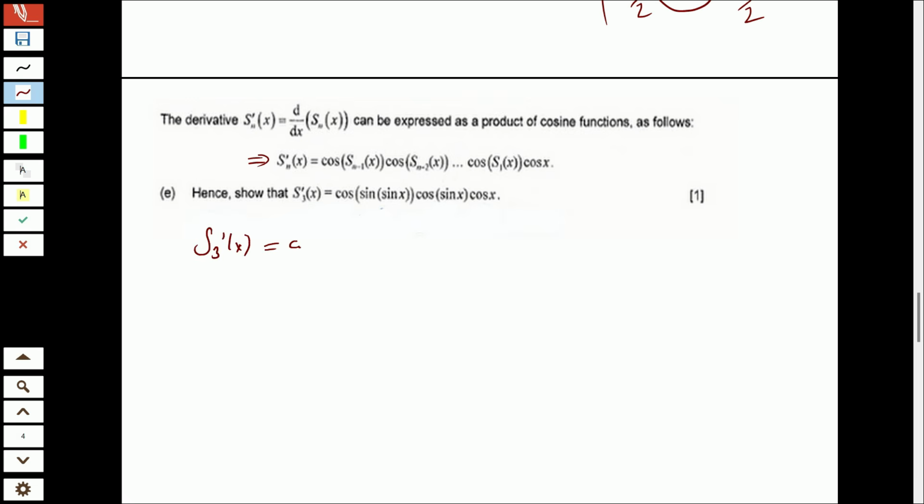In this case, we write cos(S_2(x)) times cos(S_1(x)), and then cos x. I know that S_2 is sin(sin x), and S_1 is just sin x.